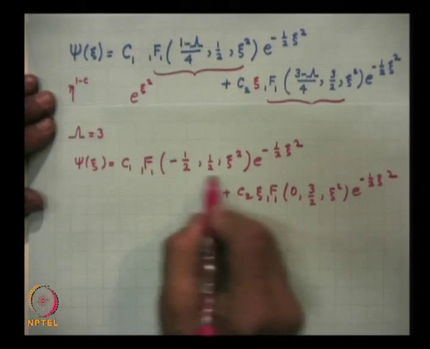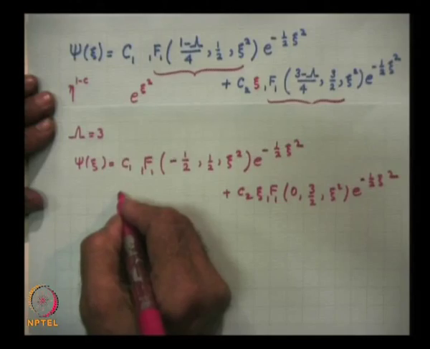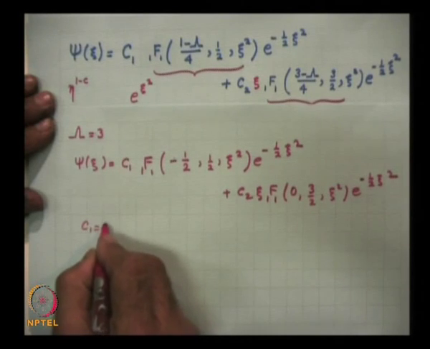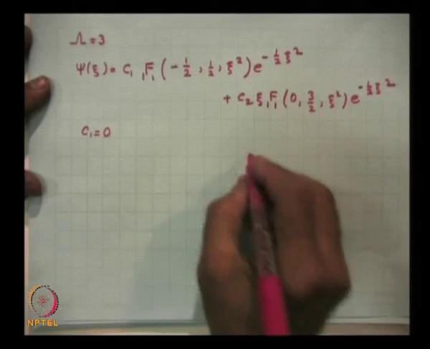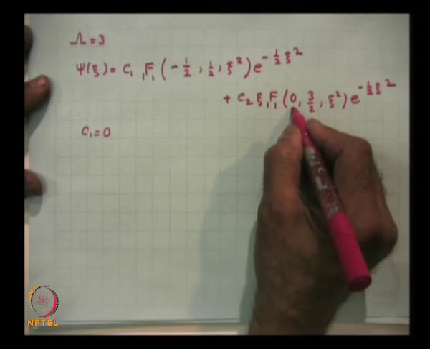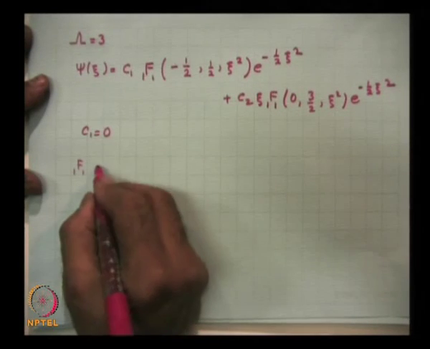Now, this series is an infinite series. So, we must have C1 equal to 0 and the wave function will be this F11. If A is 0, then that is only 1.